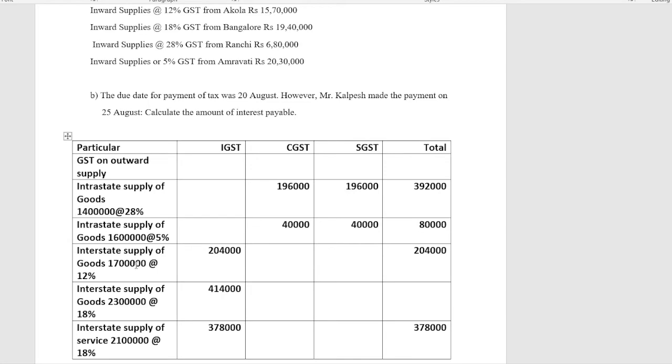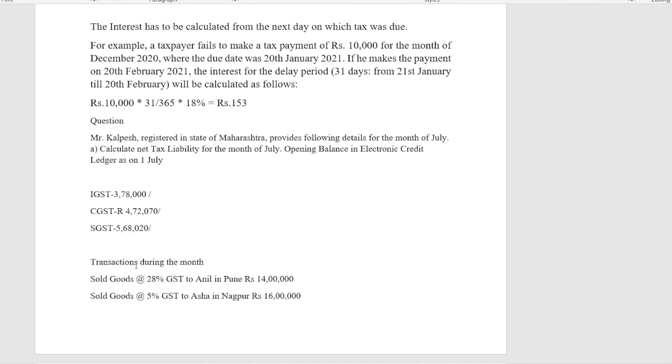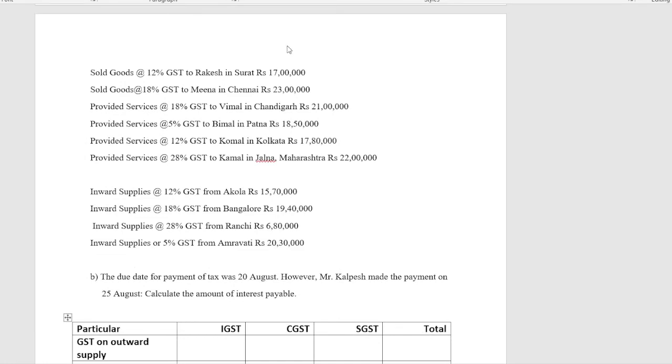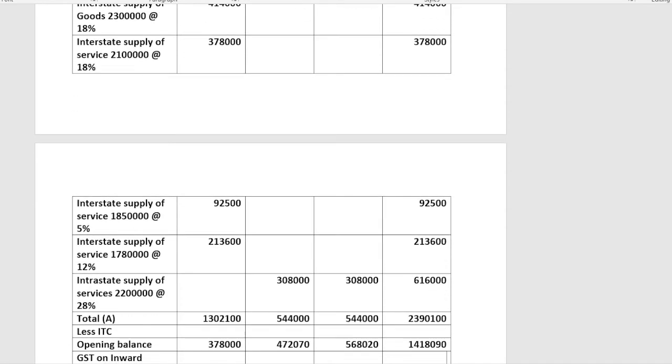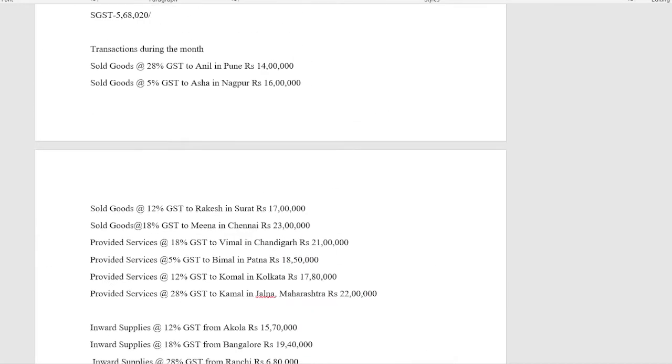Then the interstate supply is next, that is, yes, in Surat, 17 lakhs at the rate of 12%. So on that this GST will come. Okay, 2,04,000. So all this IGST you can compute. IGST will come when there is an interstate supply. Next, interstate supply is to Yes of 92,500 where the services are provided.